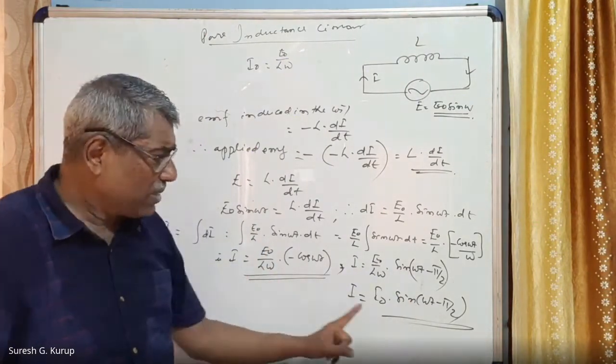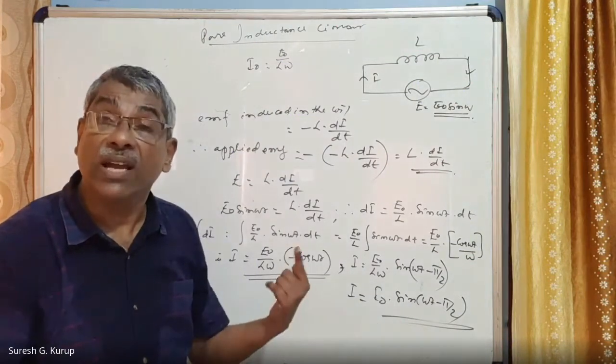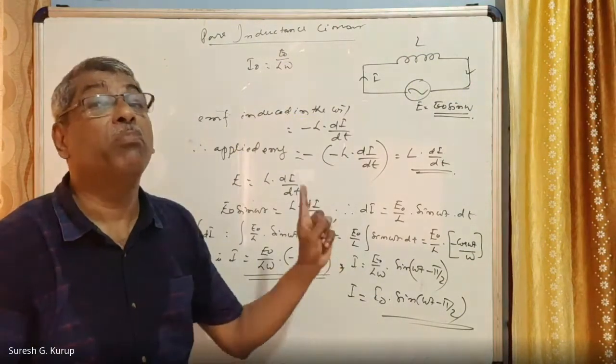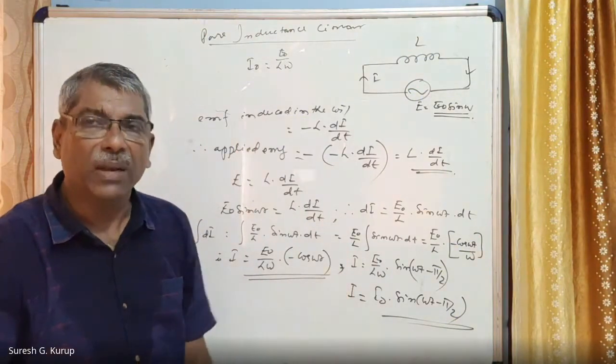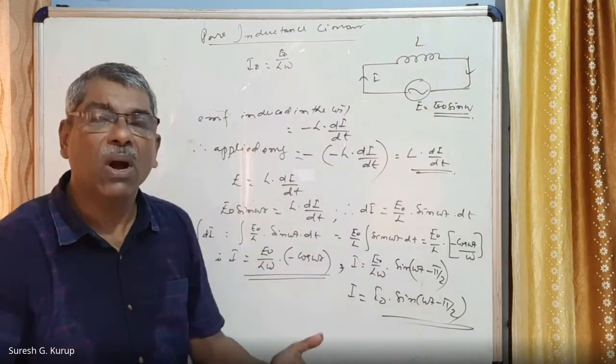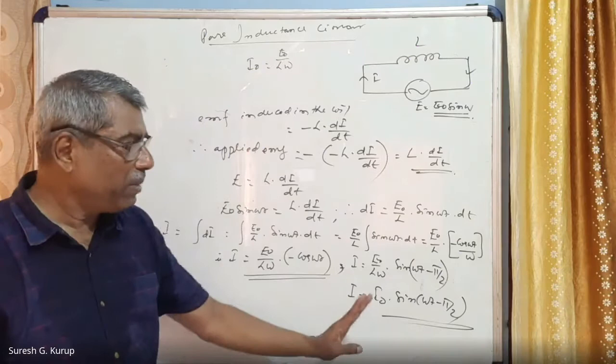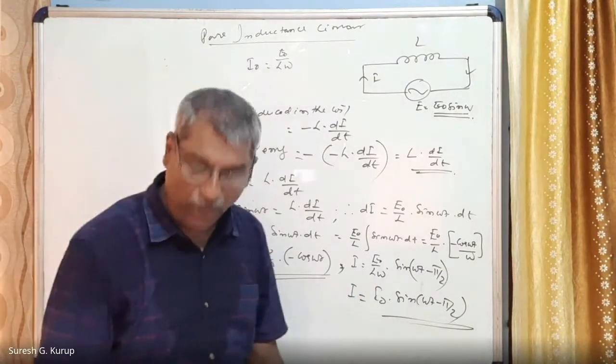If I say current I is equal to I0 sine omega t only, then I will write EMF as E0 sine (omega t plus pi by 2). That means the EMF is ahead of the current by an angle pi by 2, or the current is behind the EMF by an angle pi by 2. This only we have explained today.